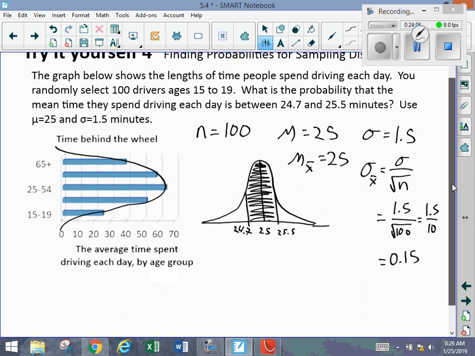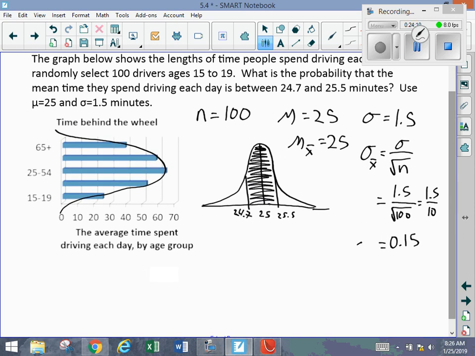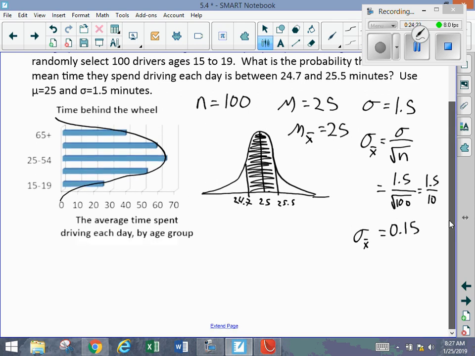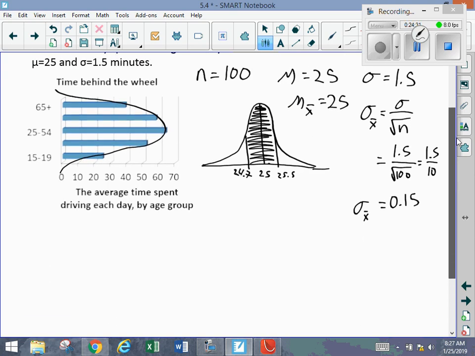All right. At this point, I'm just going to write this down here so I know what this is. I have two options. I can go straight to my calculator, which is quite frankly the easiest way to do this, or I can use a z-table. I'm going to write this out longhand, and then I'm going to do it on the calculator.